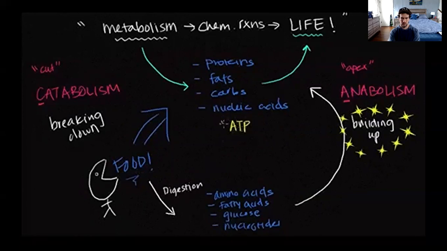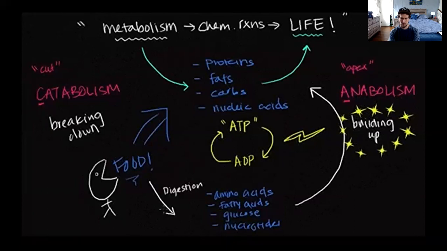And this high energy molecule, as it's often referred to, when it is broken down into ADP, so it loses a phosphate group, releases usable chemical energy that can fuel energy requiring processes in our body, such as the building up process of anabolism. Now, in order for this process to continue nonstop in our bodies, ADP must be regenerated into ATP, and that is where food comes in.